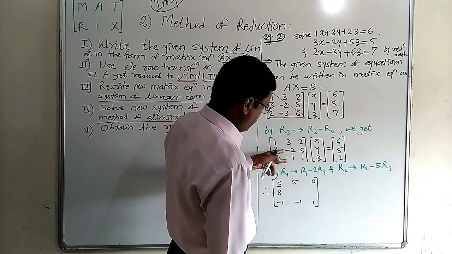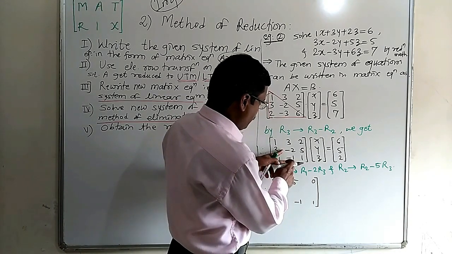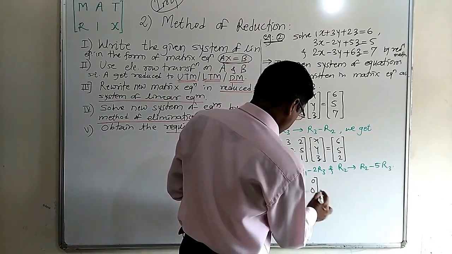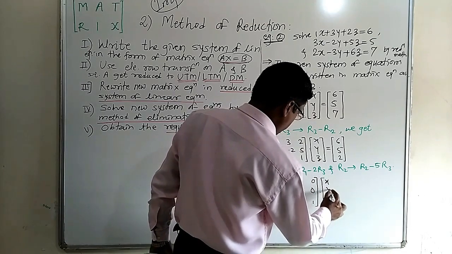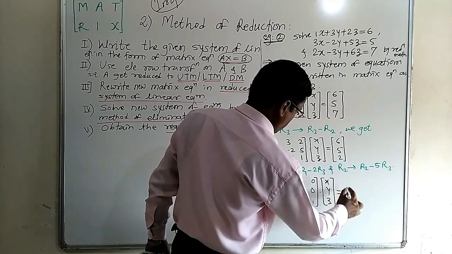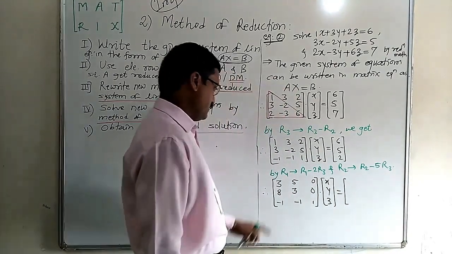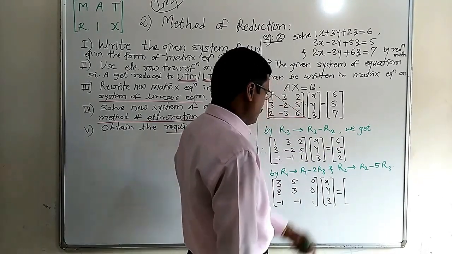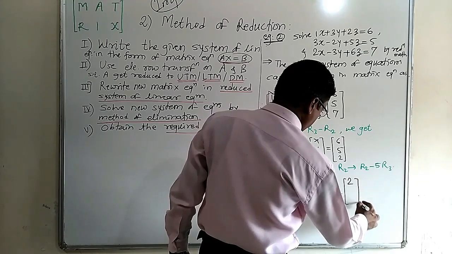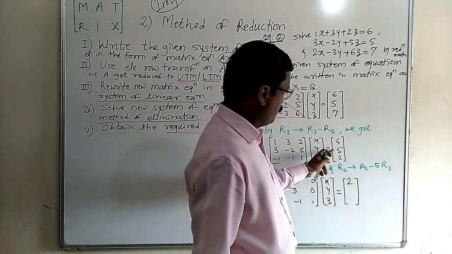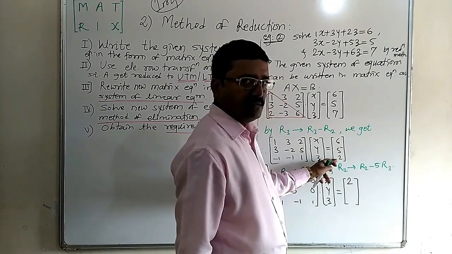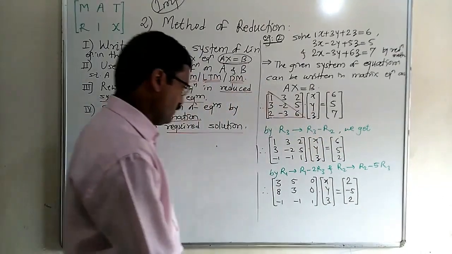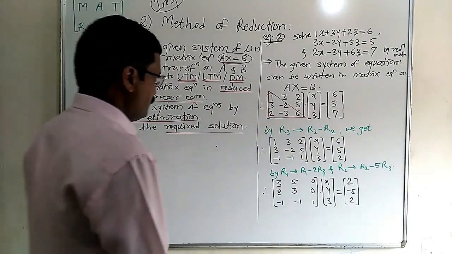Here R2 minus 5 times this, so this is plus 5 minus 2, that is plus 3. 5 minus 5 times 0 into the matrix x, y, z is equal to the RHS. There will be change in R1 and R2. R1 minus twice R3: twice this is 4, 6 minus 4 is 2. Second, R2 minus 5 times R3: 5 times this is 10, so 5 minus 10 is minus 5. Last element, no change. So that will be the second step.